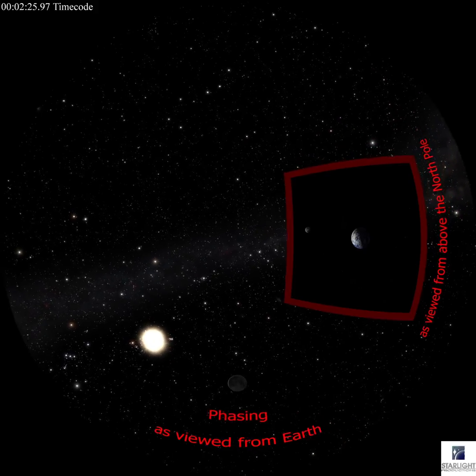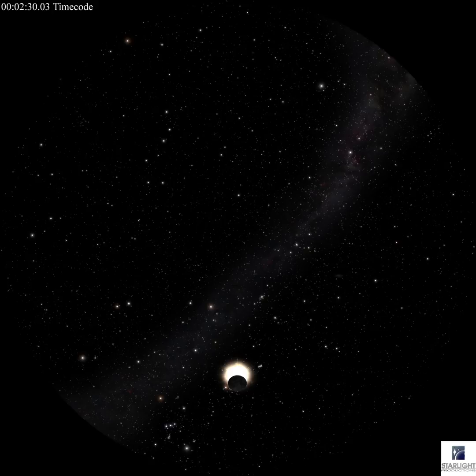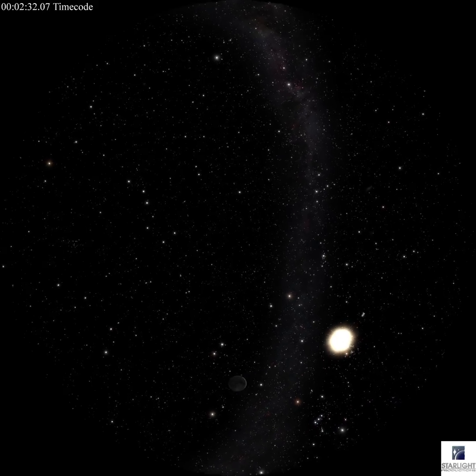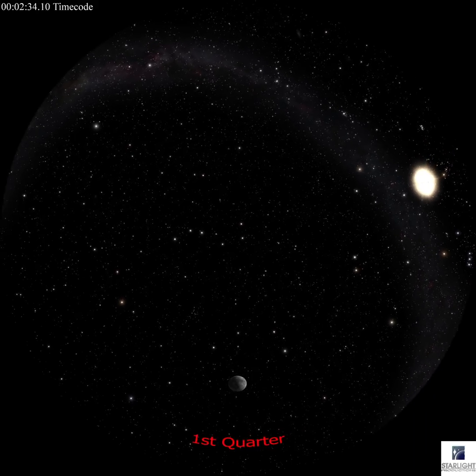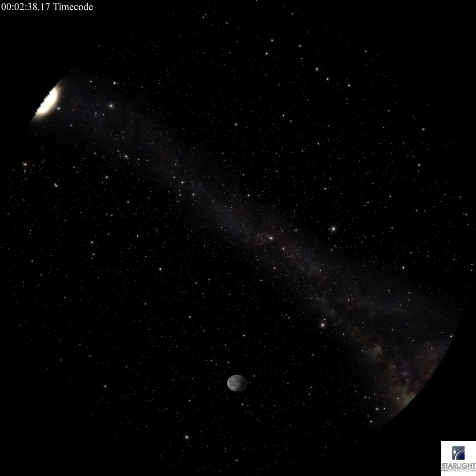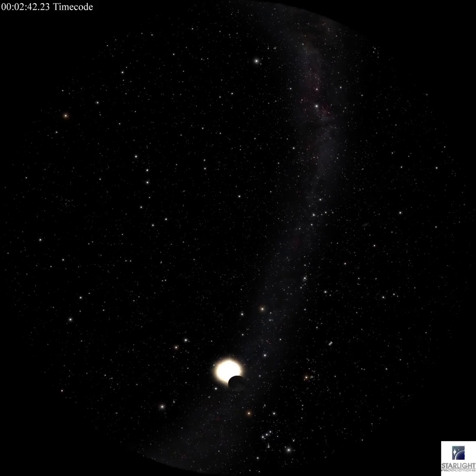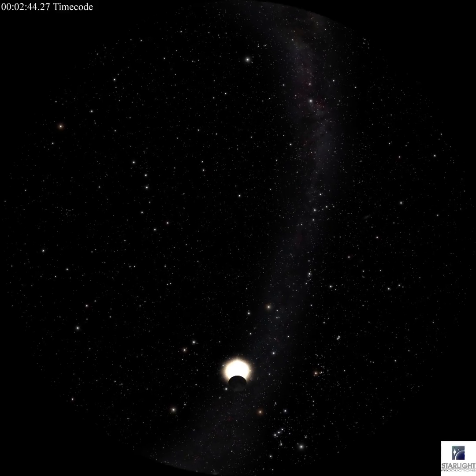The moon is constantly phasing, always changing from new moon, first quarter, full moon, third or last quarter, and back to new moon. This repeats about every 29 and a half days.